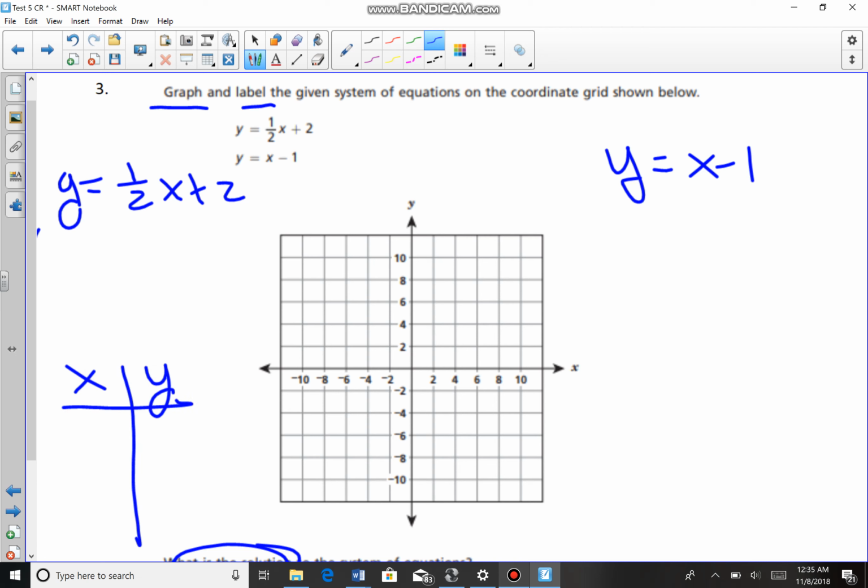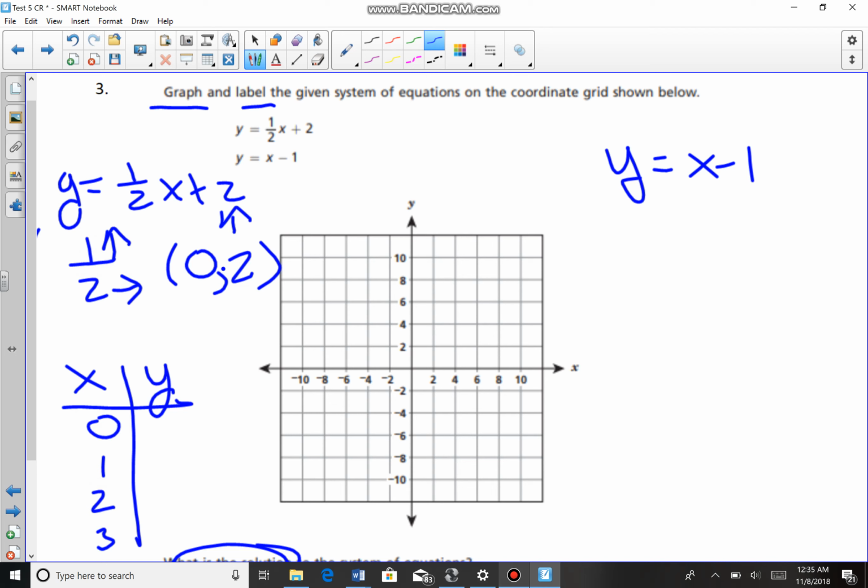The first would be rise over run, which means I need to start here at my y-intercept and then use rise over run, which is telling me that my slope is to go up 1 and over 2. So that's one way. The other way is to give some values to x and substitute them into the equation.